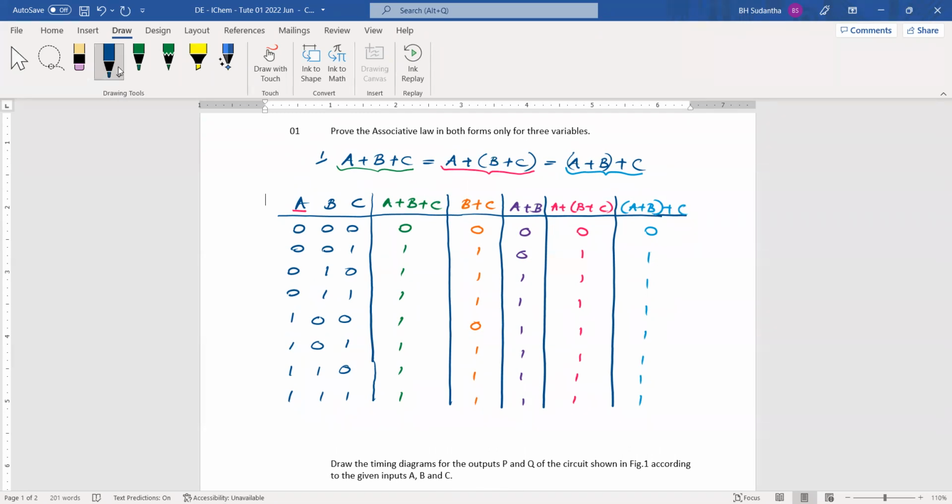Take these 3, then X, Y, Z. From the table, you can see that X equals Y equals Z. Okay. Like this, we can prepare the same type of table for the AND operation also.